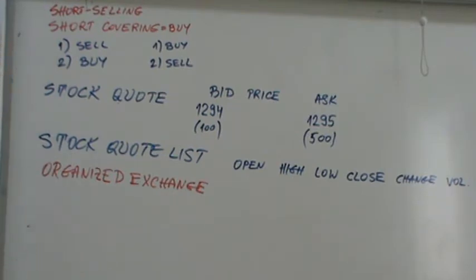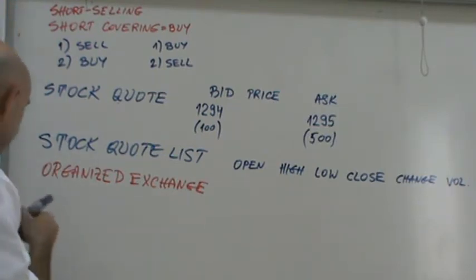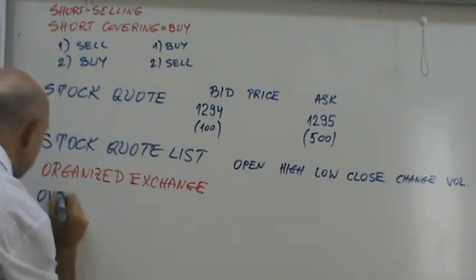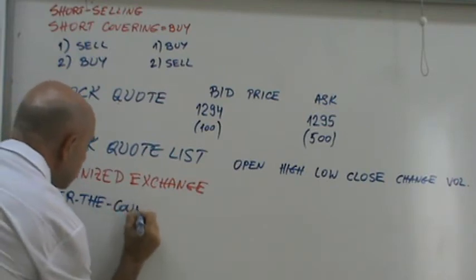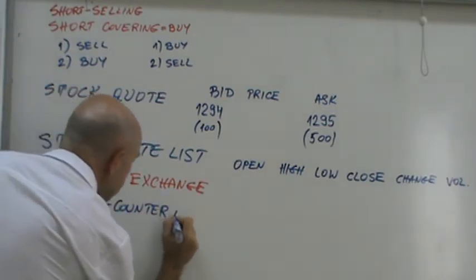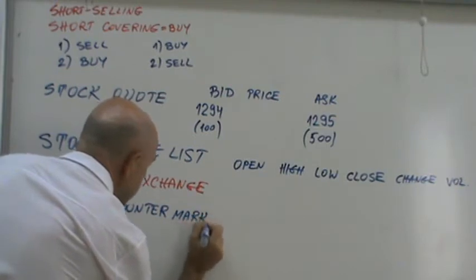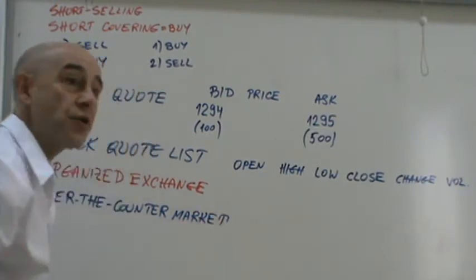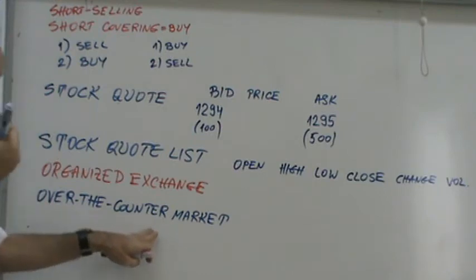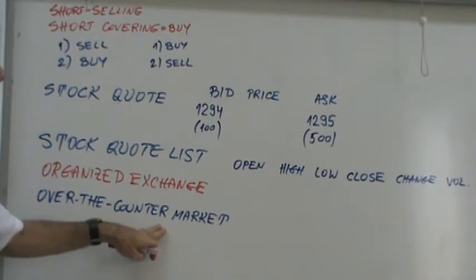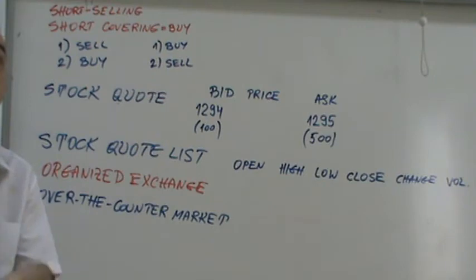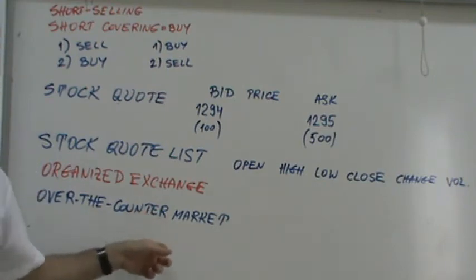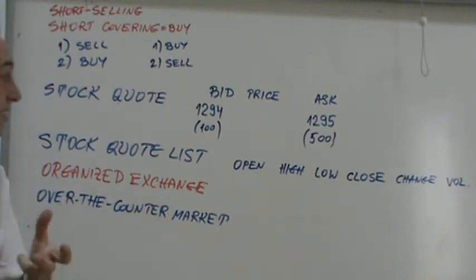Or it could be an over-the-counter market, without any particular location. The best example of an over-the-counter market will be exchanging currency. Currencies you can exchange in town almost anywhere, and there will be hundreds of little shops. There won't be one single place.